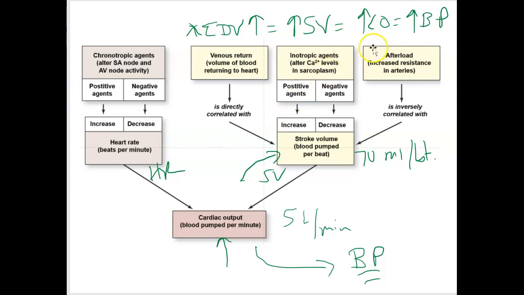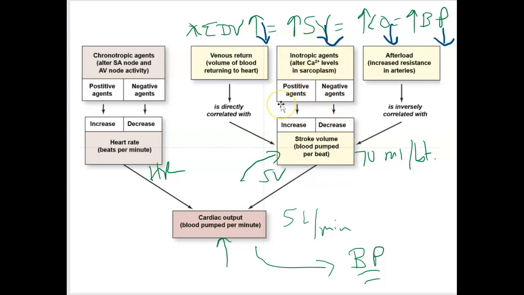And then remember, though, the inverse is true. If my EDV goes down, then my stroke volume goes down, my cardiac output decreases, and blood pressure falls. So that was pretty important. We talked about contractility. So we had these positive inotropic agents.